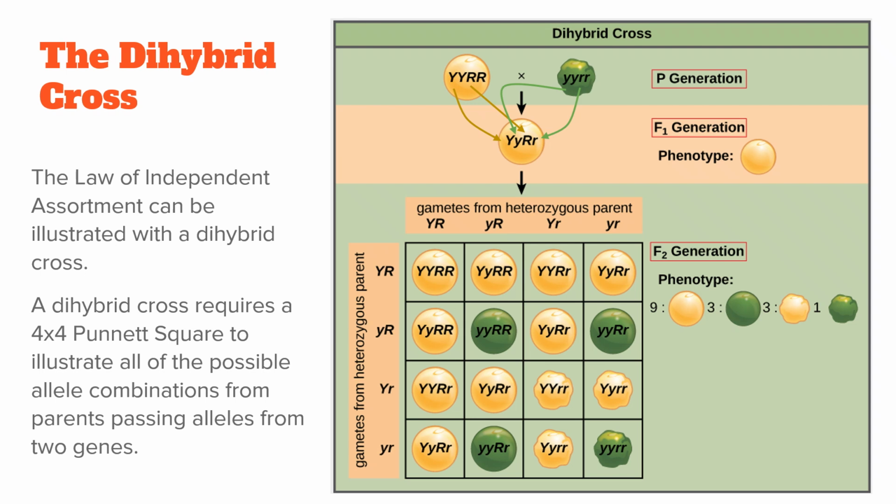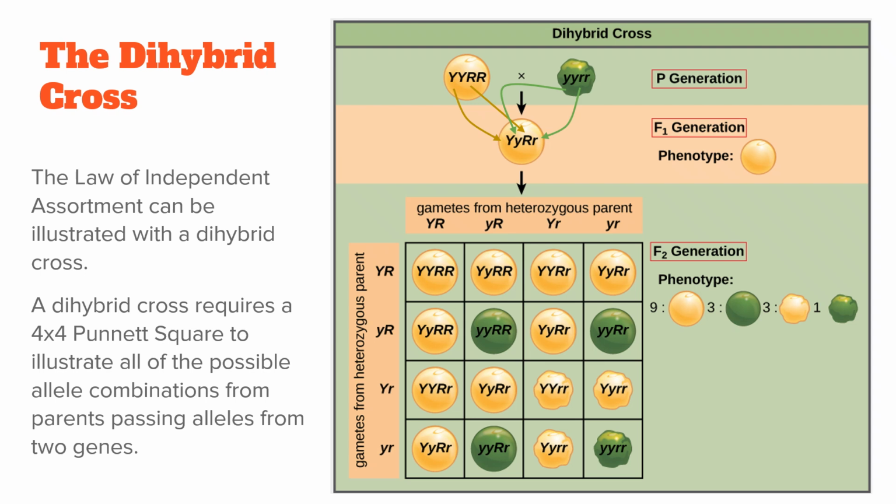A dihybrid cross looks at how two different traits are inherited at the same time. For example, Mendel studied seed color and seed shape together. When he crossed plants that were heterozygous for both traits, he found a 9 to 3 to 3 to 1 ratio in the offspring.